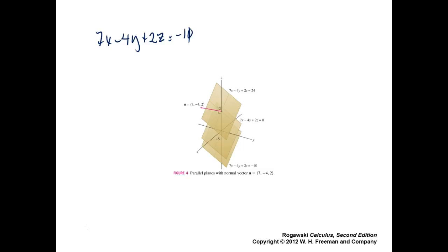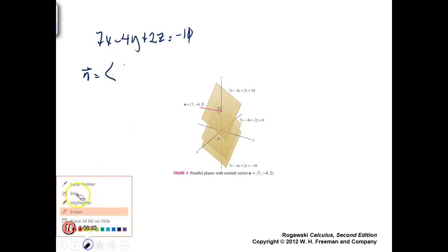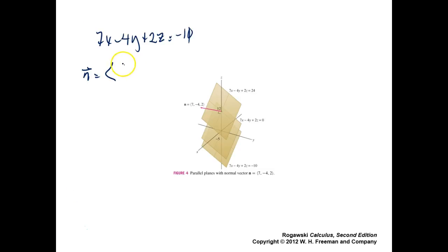Your normal vector for this plane is (7, -4, 2). That's what I've been talking about for a long time here. It's right there, screaming at you. It said lurking.